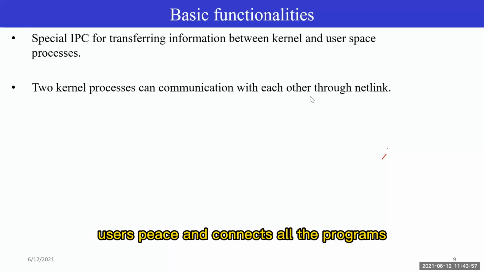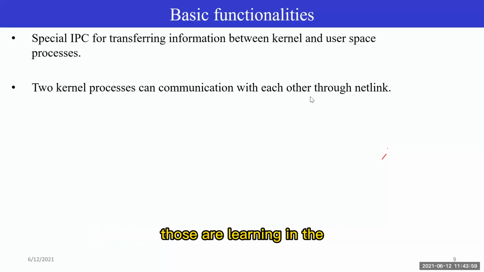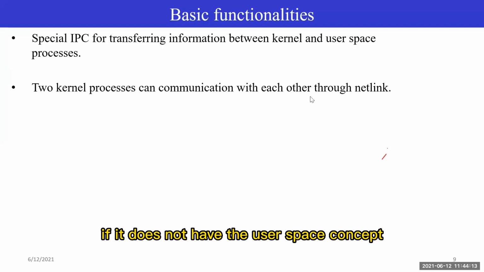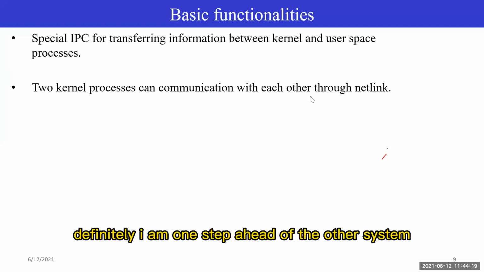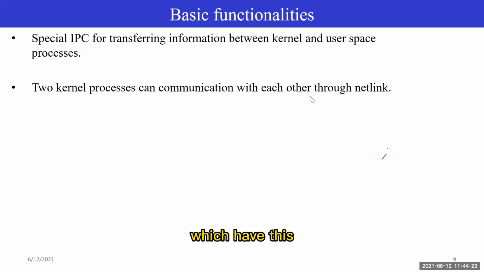All the programs run in, say, kernel space. So definitely that has a huge advantage over Linux. If I do not have the user space concept, then there is no context switching between user space and kernel space, so definitely I am one step ahead of other systems which have this.